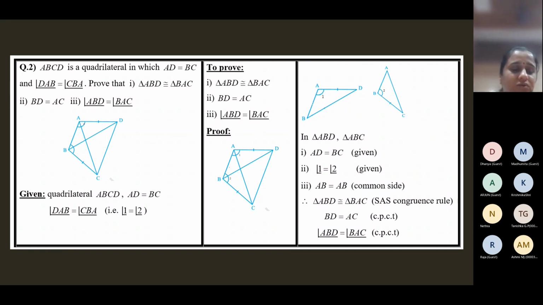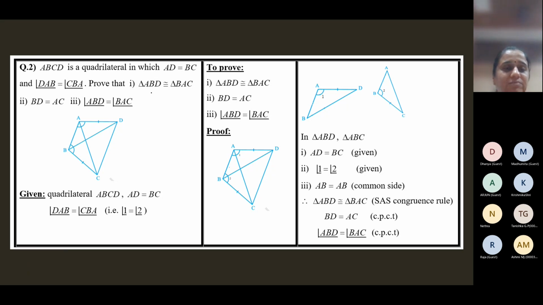Now see here, you know that this angle is equal to this angle. This angle is a part of triangle BAD, this is the full angle. Don't see this line. This is triangle ABD.